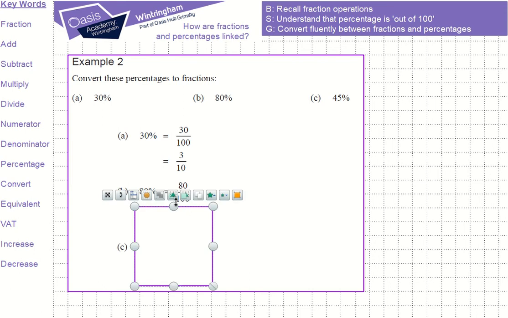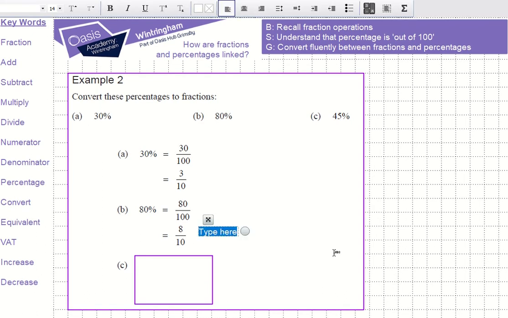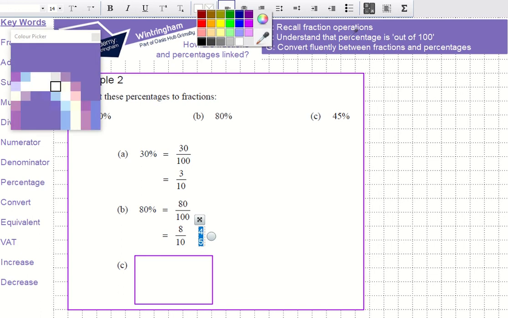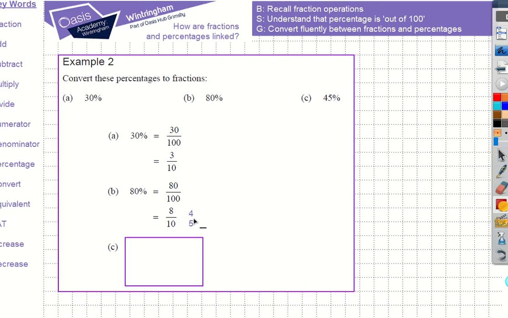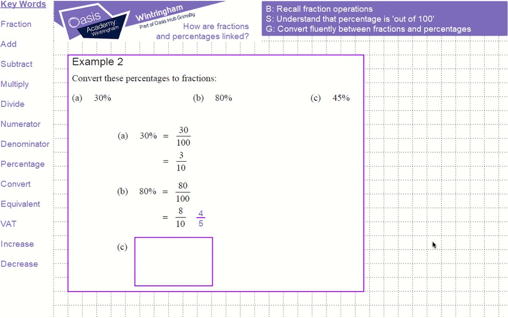So our final answer should be 4 over 5. They've actually just left that as 8 over 10. We could convert that once more to get 4 over 5 there. I'll just write that in. There we go, 4 over 5. So that would be my final answer, because that is then fully simplified.